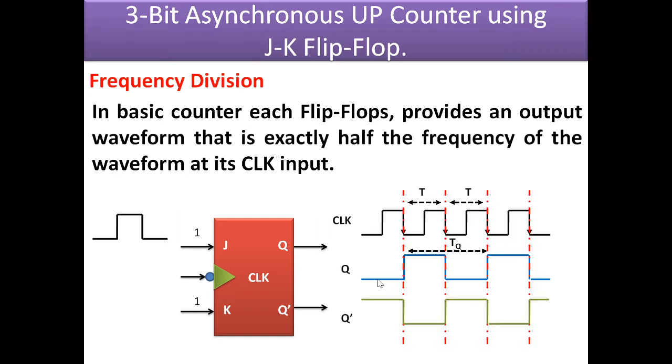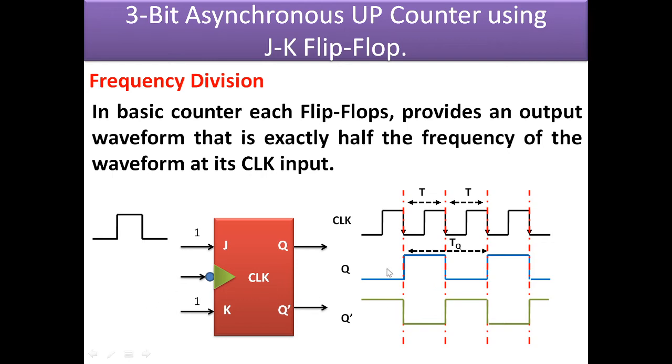So we will get a high output for the first clock, then the output will toggle to low on the next clock, and on the very next clock it will again toggle back to high. This will keep on happening as long as the clock is applied.